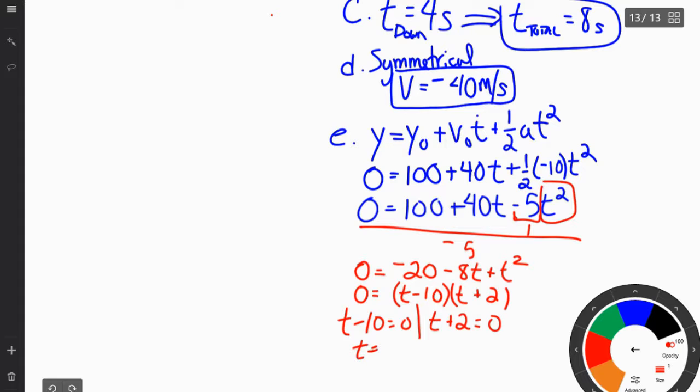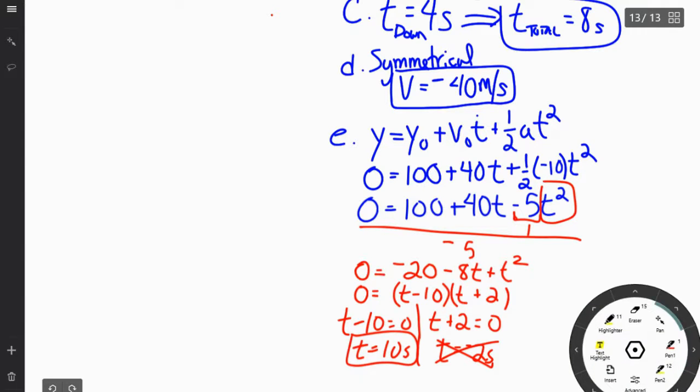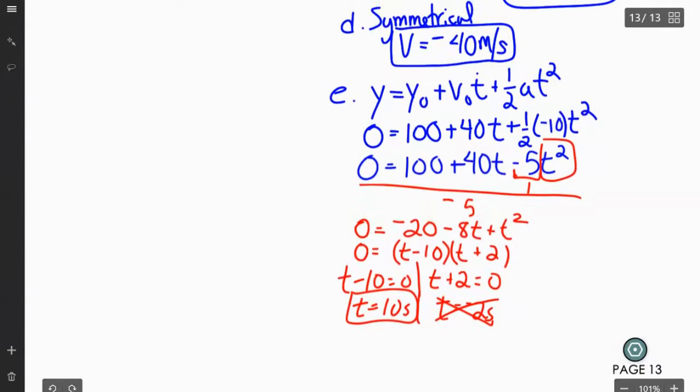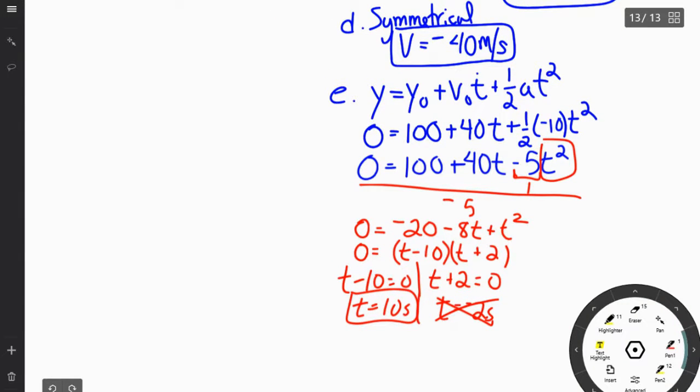And so that's t equals 10 seconds and t equals -2 seconds. Now, because this is time, we disregard the negative. So our total time would take 10 seconds. In fact, if you just focused on the part from the height down, you would find it would take 2 seconds to get down, and there's the 2 seconds. It's the second part of the answer.